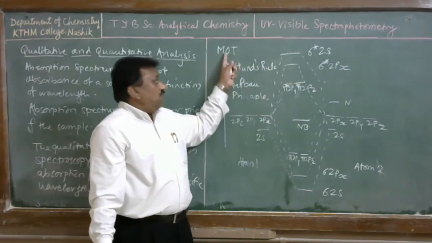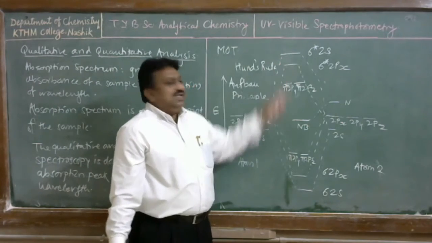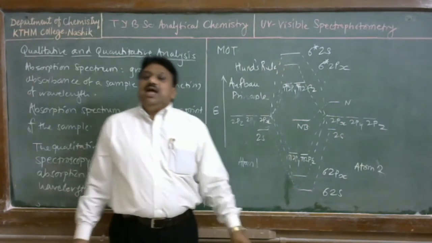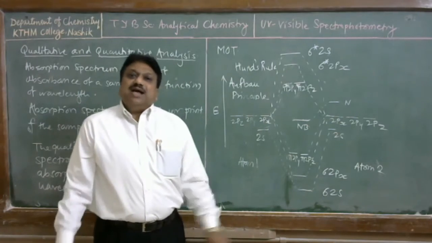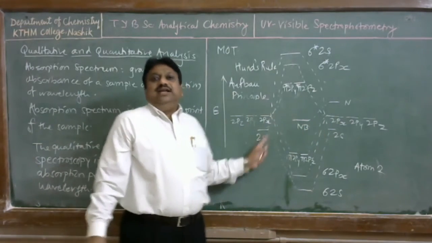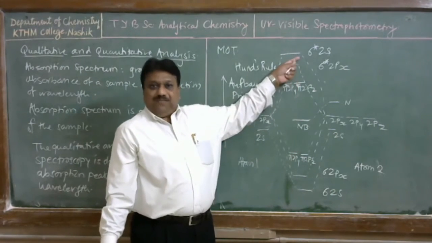This molecular orbital theory tells us that the energy gap between bonding and anti-bonding molecular orbitals is totally governed by the combining atoms, or by the type of molecule thus formed.